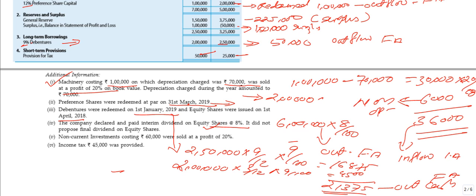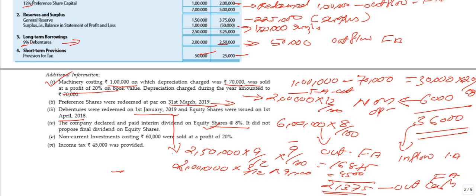That 2 lakh rupees into 12%, as their name itself says. So 12 by 100. This amount is also a financing activity outflow, and in the same way a non-operating expense. So we have to add back along with the profit to calculate the net profit before working capital changes.